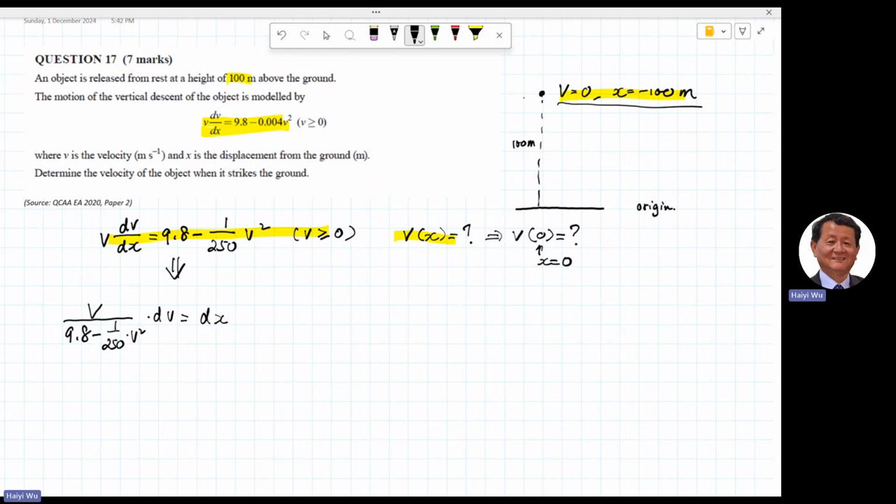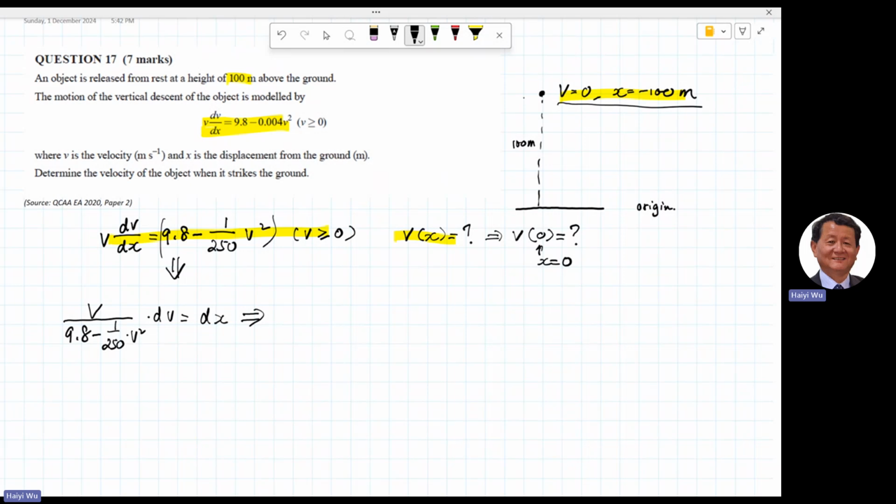Basically I move this to the left with the v. Can you see this step 1, we call it separating variables, v on the left, x on the right.